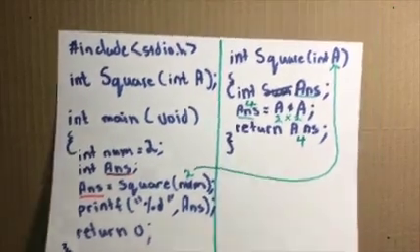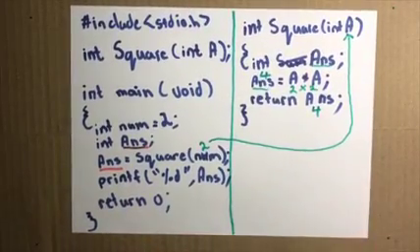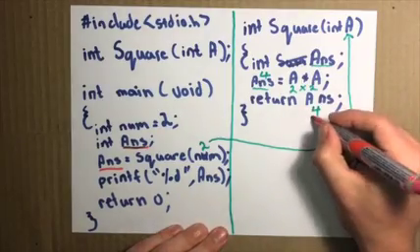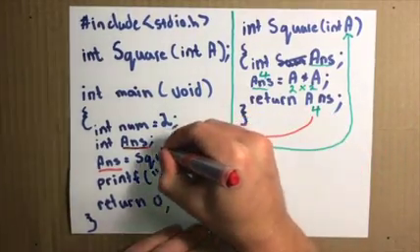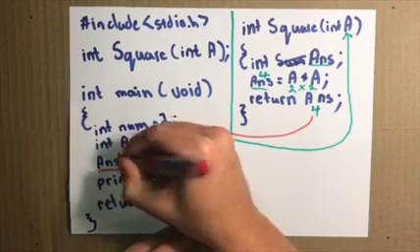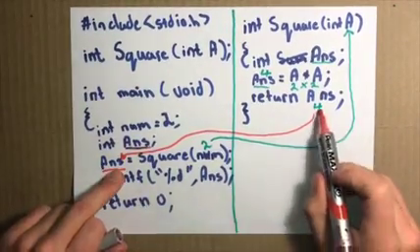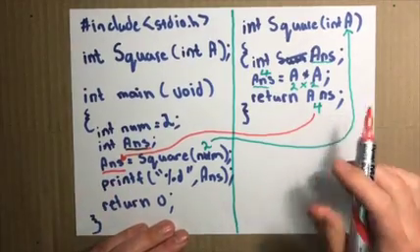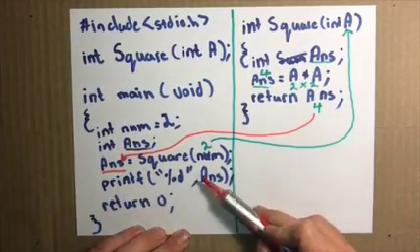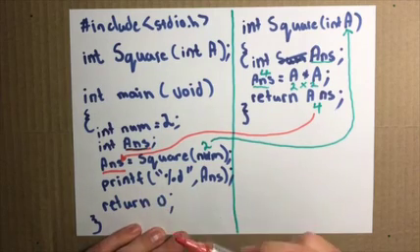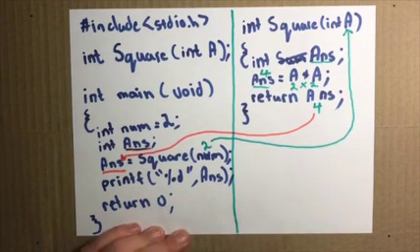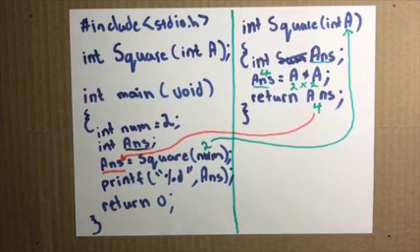And then effectively this value is sent to answer. So answer is equal to 4. Then all we need to do is print it out to the user and end the program. So that's the basics of functions and how we would use functions.